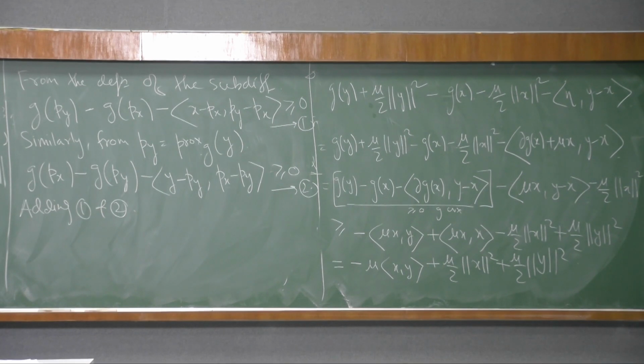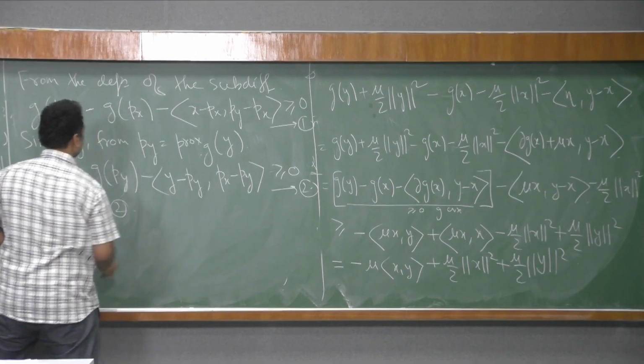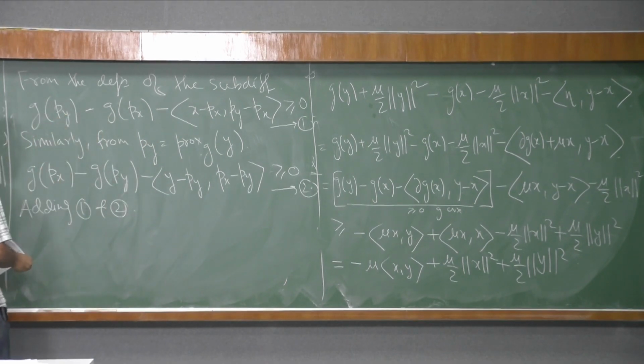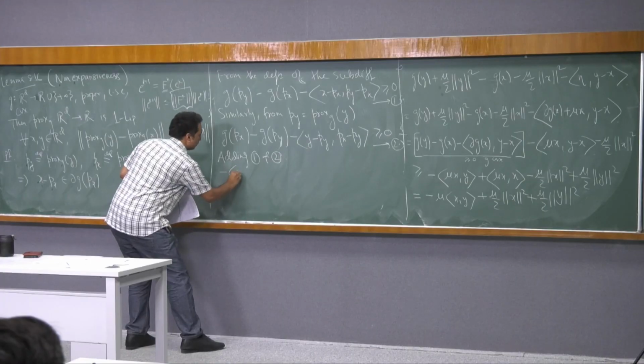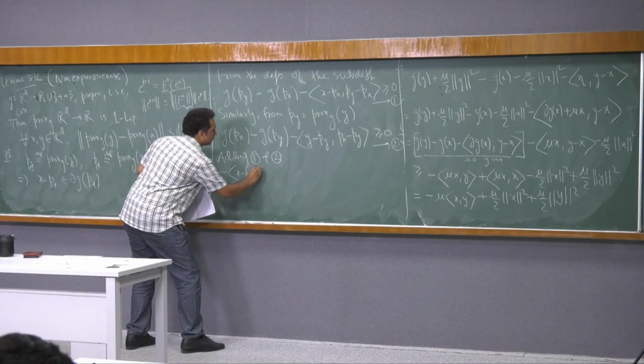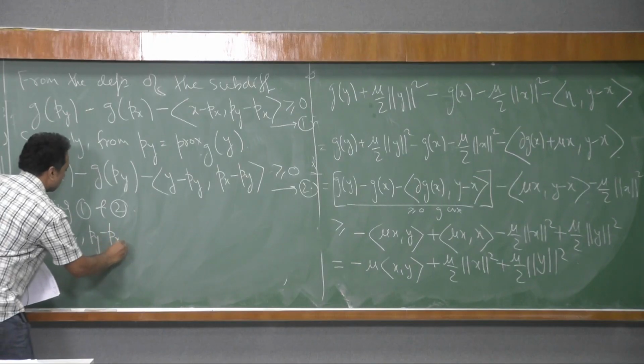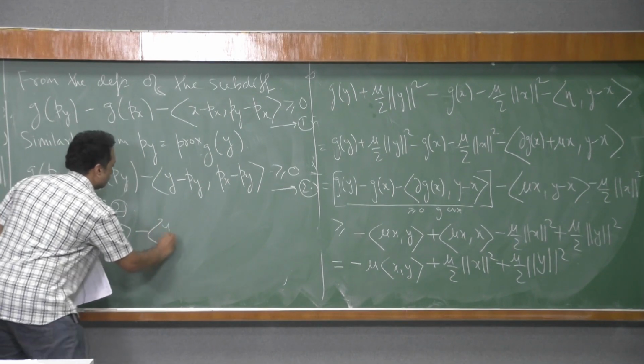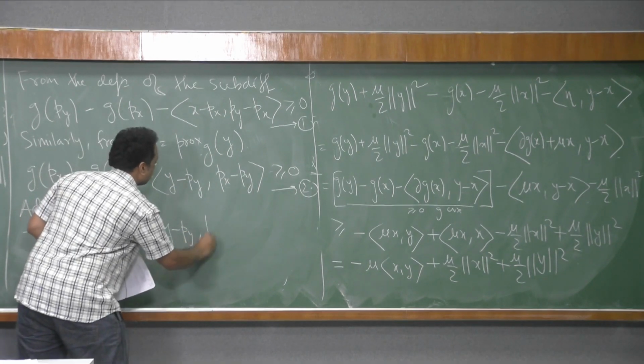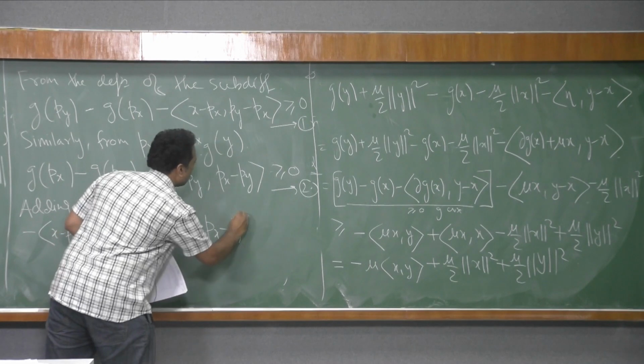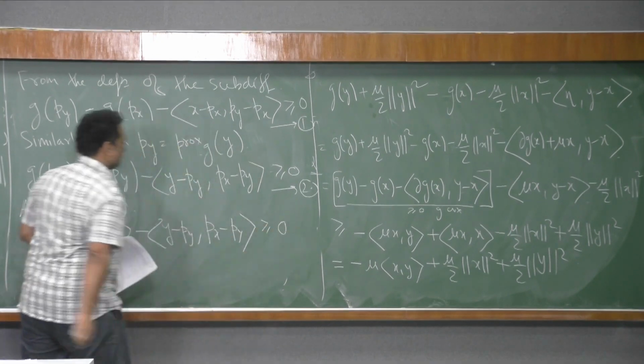we have to do some algebra a little bit, but let us do that as a first step, that we just add these two guys. These guys got cancelled. So this is minus x minus px, py minus px, minus y minus py, px minus py greater than or equal to 0.